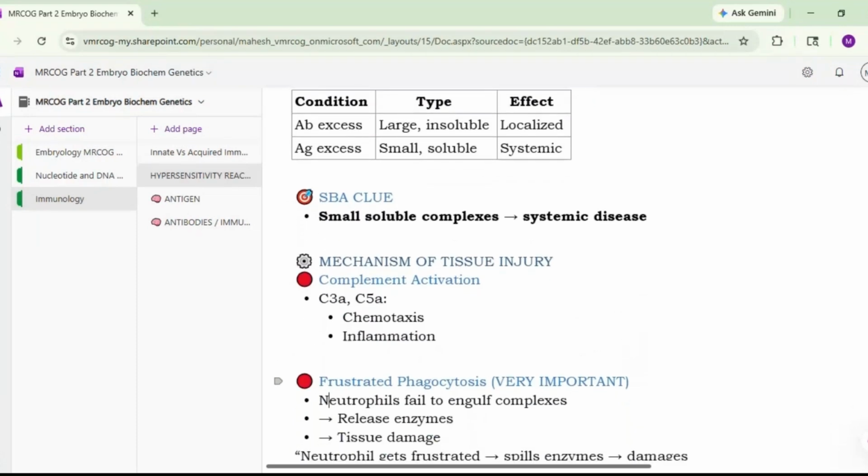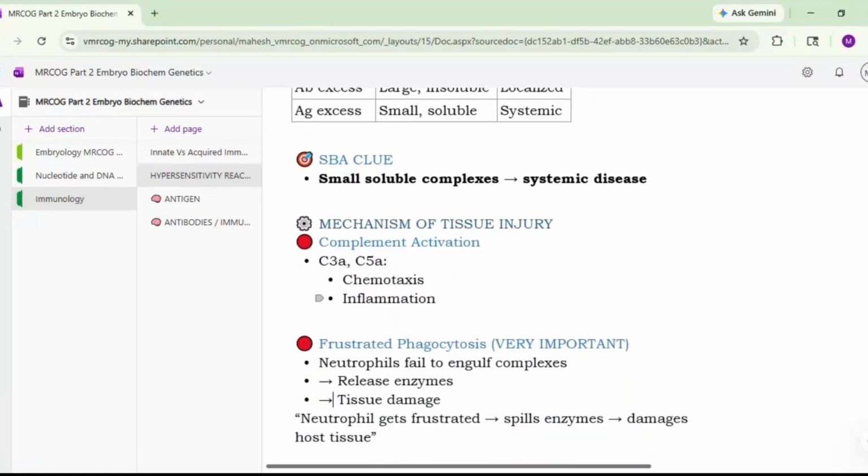Okay, so the mechanism of tissue injury in this type of hypersensitivity is complement activation. We have just seen previously that complement C3a and C5a are responsible for chemotaxis and inflammation. Then with phagocytosis, there will be frustrated neutrophils. The phagocytosis mechanism is exhausted.